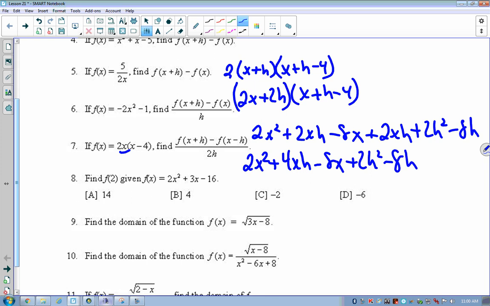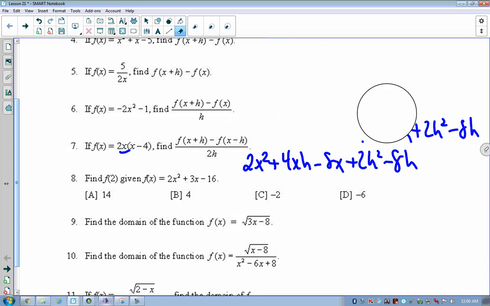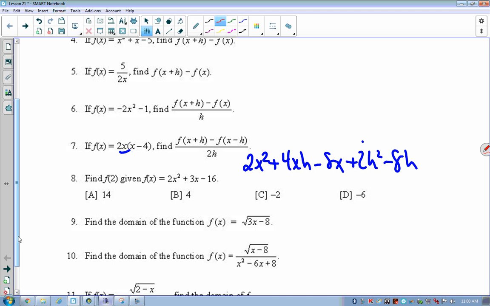Correct? Okay, so what I'm going to do at this point is erase this top. I'm going to leave what I have here on the bottom that's been reduced, right? And I'm going to find f of x minus h. Yep. All right.